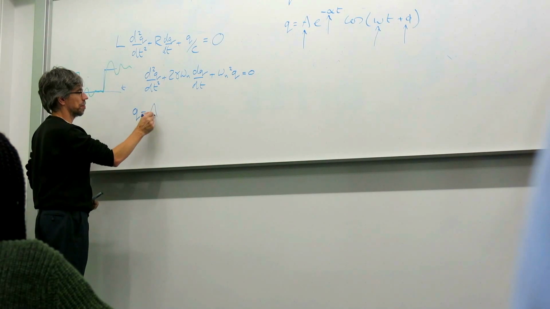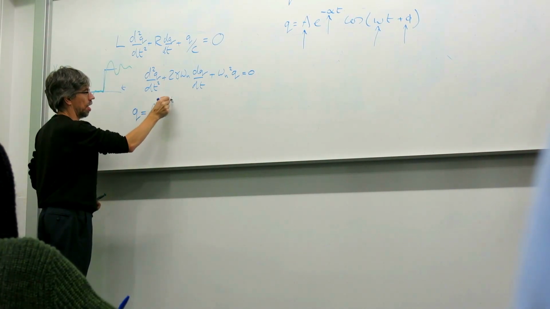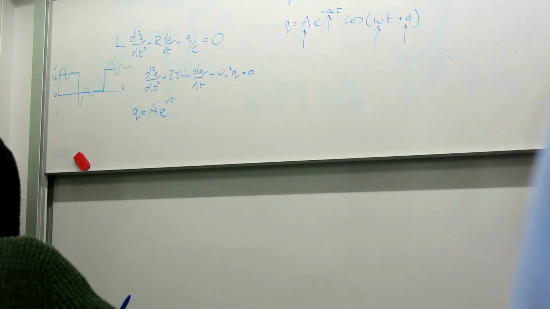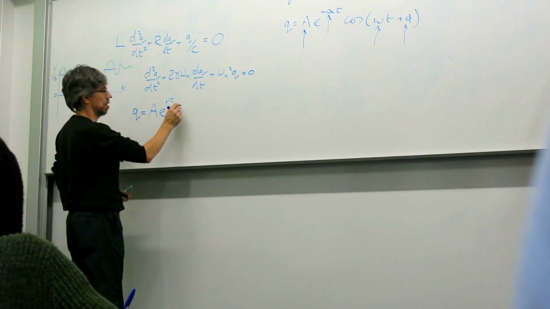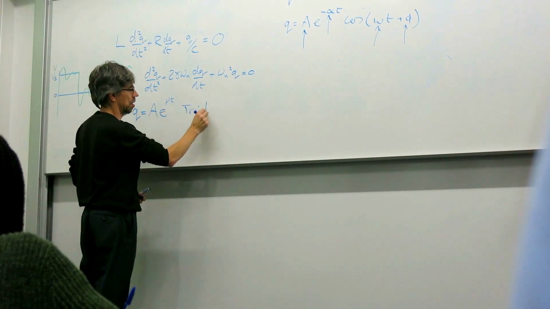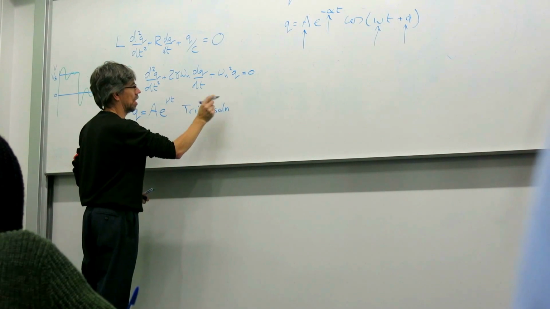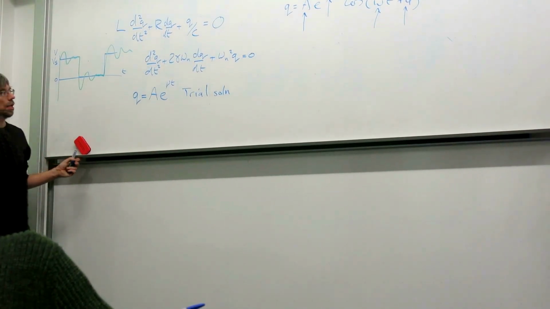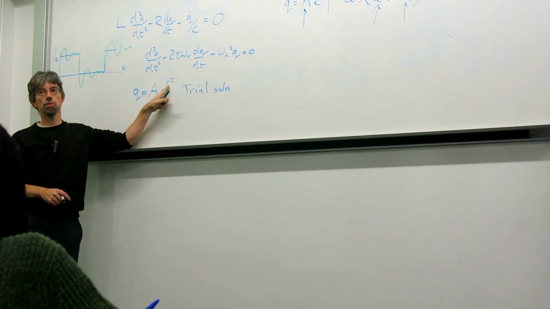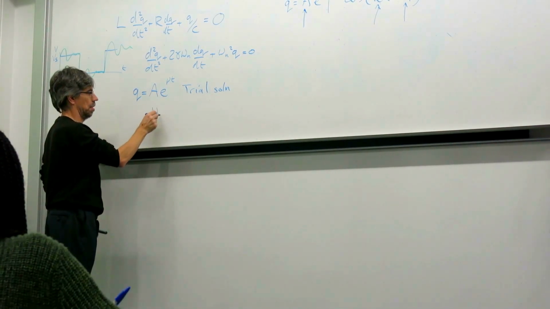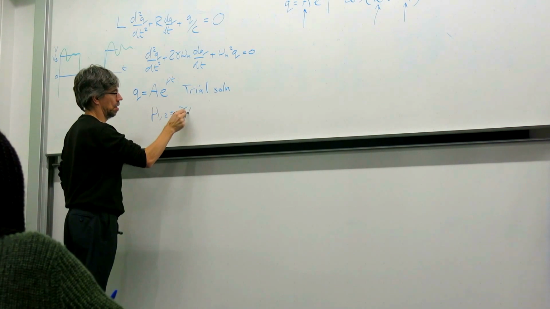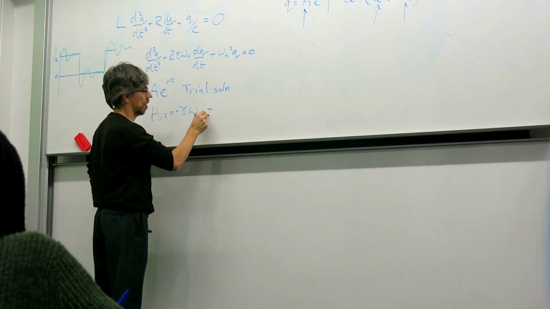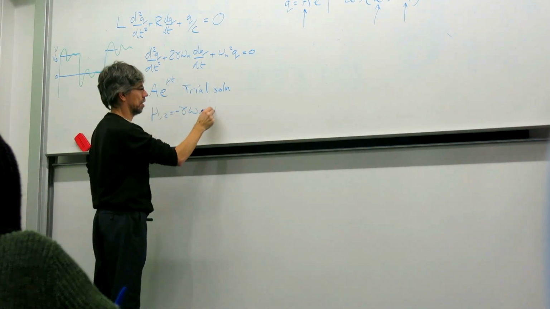We proposed A e to the mu t to be the trial solution. Plug that into the equation, and we found there were two values for mu. So I'm going to use the general form.